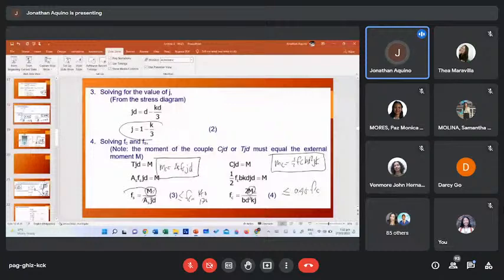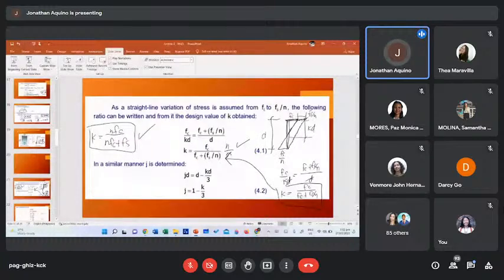Kasi sa design problem, lahat variable, yung B, yung D, saka yung AS. Kaya dapat, ang aim mo lang lagi, ano lang yung given variable. Kasi dito, hindi mo pwedeng gamitin to kasi wala kang AS. So yung AS natin, AS is equal to rho B D. So ano yung rho mo? So, wala kasing AS.